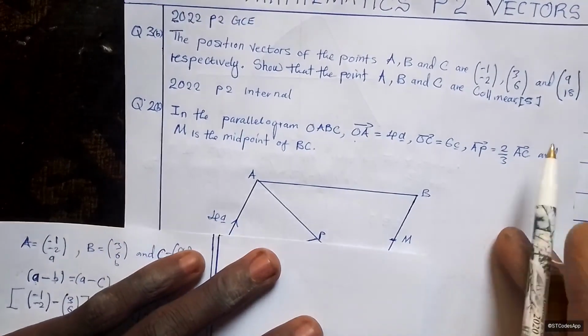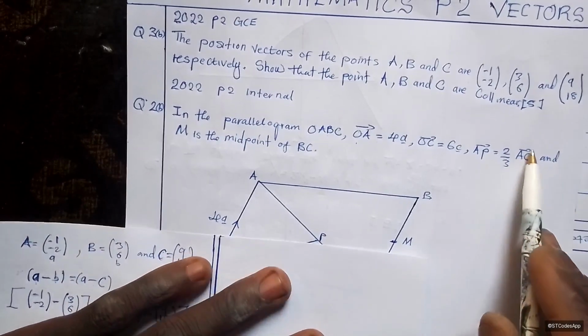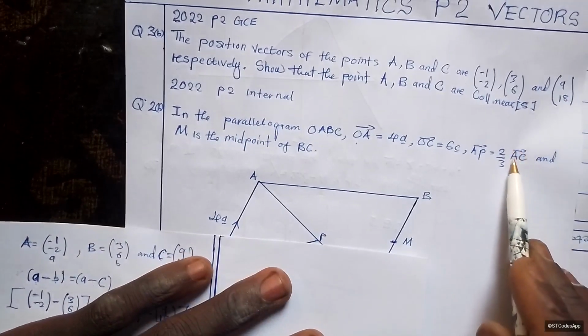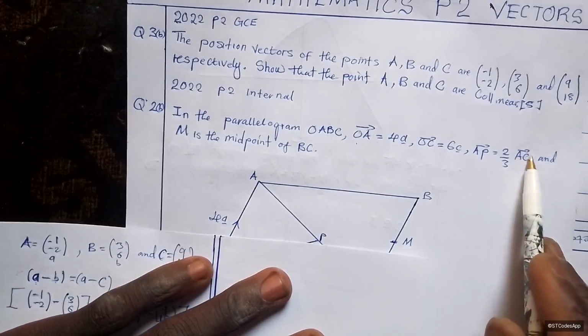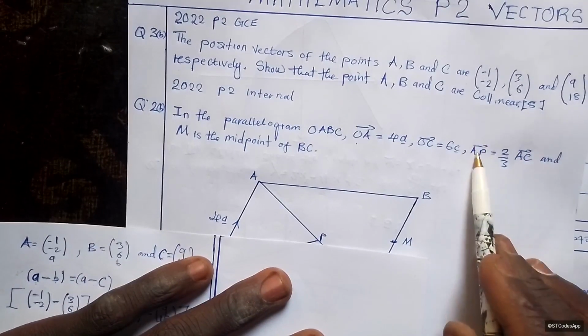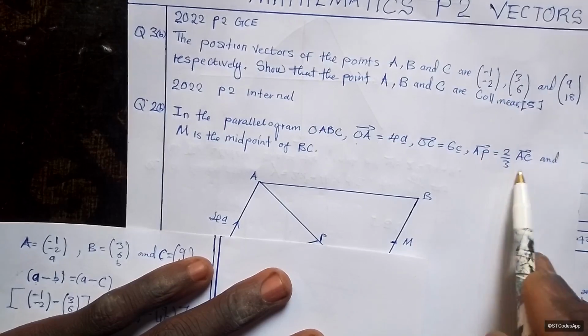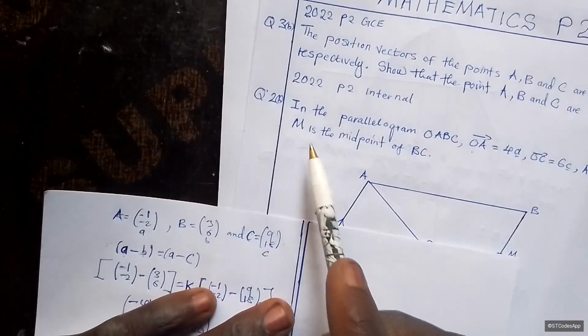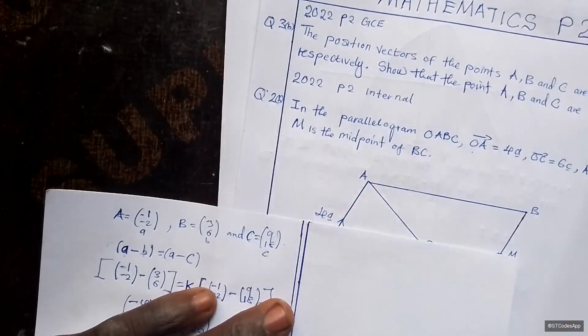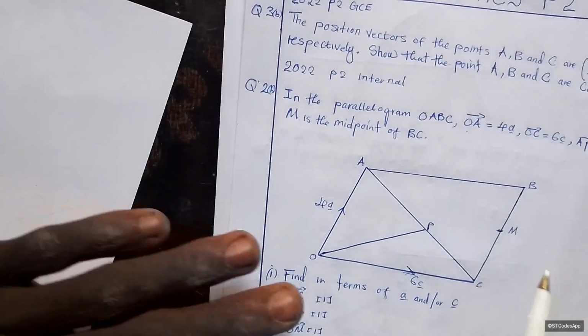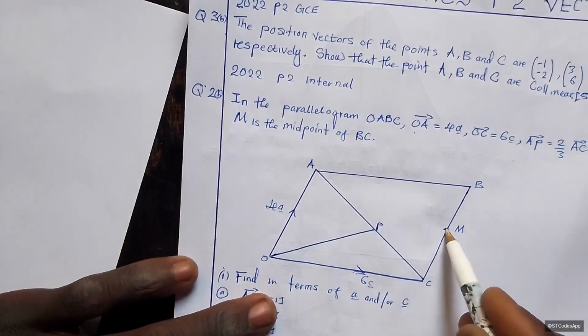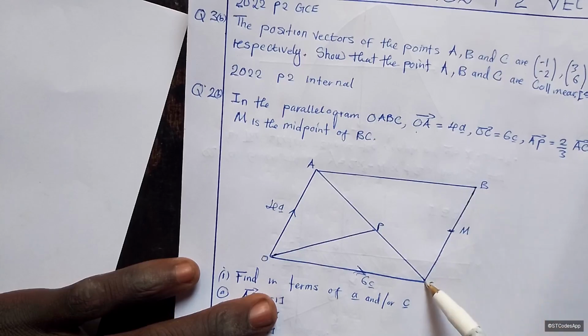So on this point here, let's say for example, if we find AC, it will be very easy for us to find AP here. So it is very, very important for us to understand the statement here. Okay, and M is the midpoint of BC. So they are saying M is the midpoint of BC.